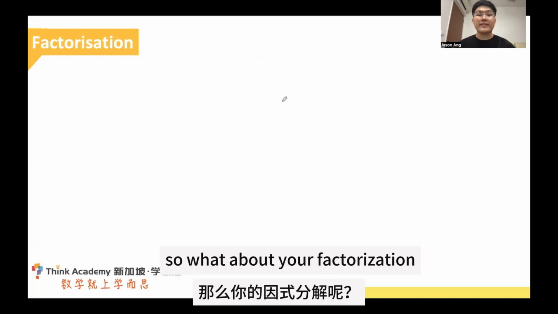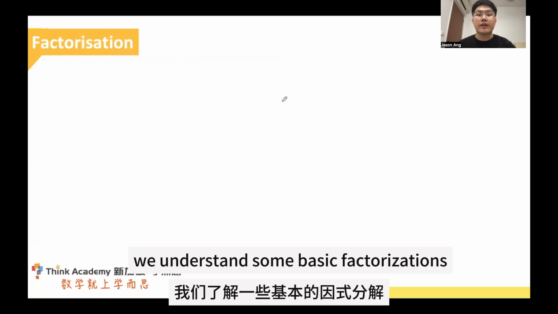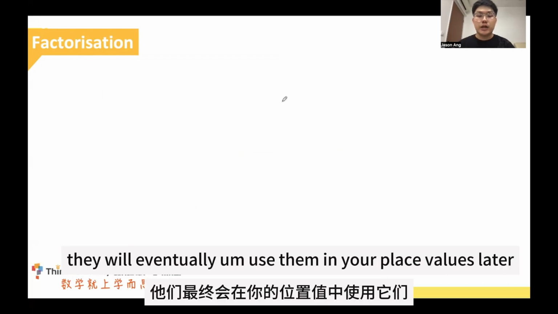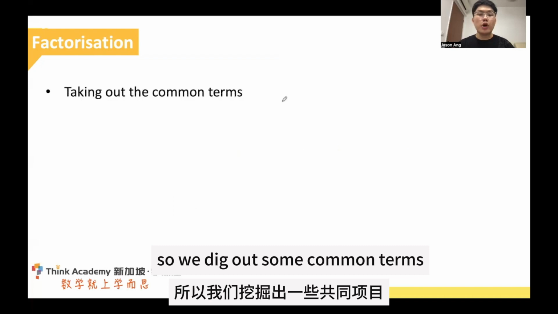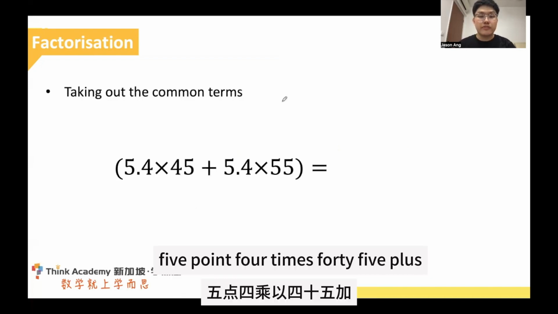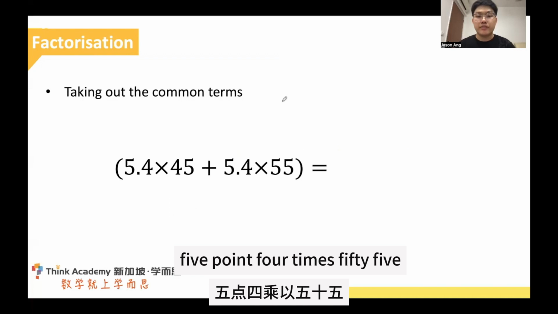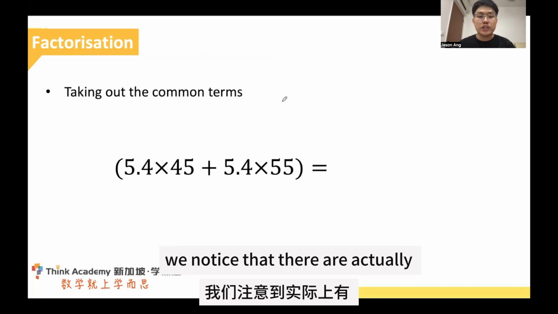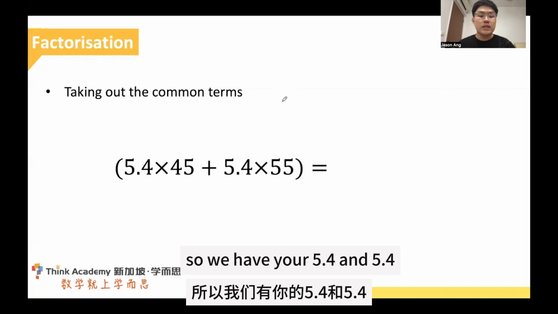So what about your factorization? We understand some basic factorizations that we will eventually use in your place values later. So we take out some common terms. Let's look at a basic calculation: 5.4 times 45 plus 5.4 times 55. We notice that there are actually some common factors here, so we have your 5.4 and 5.4.